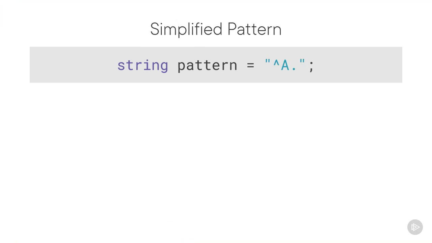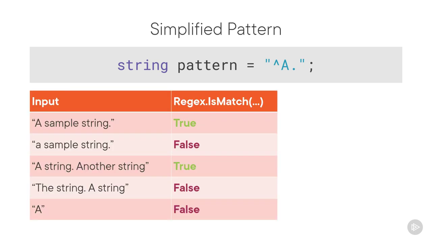If we only need to test for the presence of an uppercase letter A at the start of a string that's followed by at least one character, then we can simplify this pattern and omit the final plus meta character. This can improve the performance a little because we're no longer performing a greedy match of all remaining characters that follow the initial letter.